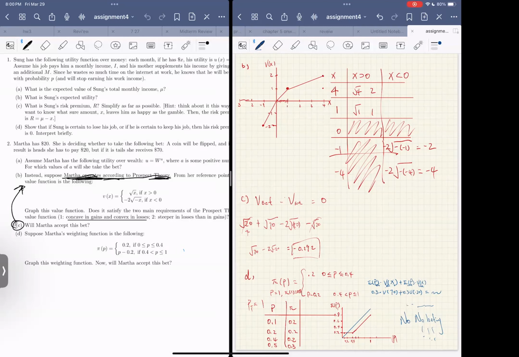I had a theoretical question. Can I ask that quickly? Weighting functions generally, if it's medium to high, I think I was reading that they're underweighed as opposed to low where they're overweight. Is that right?